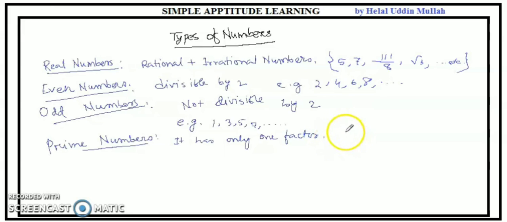For example, 2, 3, 5, 7, 11, all these numbers can be divided only by 1 or by the number itself. And we can see that the smallest prime number is 2.